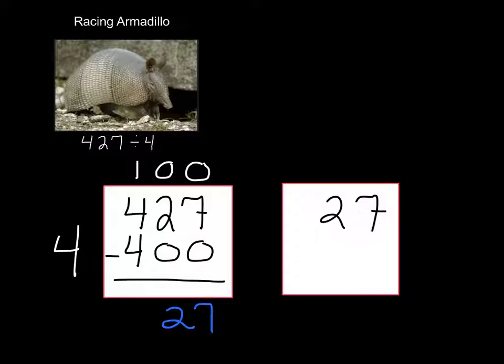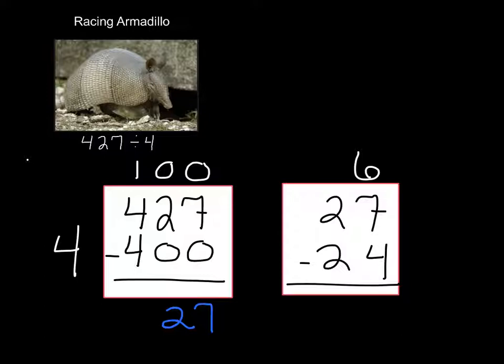So in that case, I know that 6 times 4 will give me 24. So I'm going to go ahead and write 6 here, and here we go. 4 times 6, or 6 times 4, will give me 24 here. So I'm going to write 24 right there. And then when I subtract, I've got no trouble coming, so I'm good to subtract.